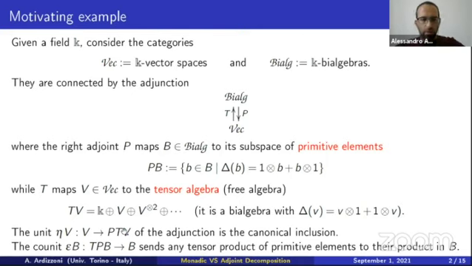The point is that the primitive elements in T come out to be homogeneous, and the degree 1 part is exactly concentrated in V. I mean, it is equal to V, and it is a direct sum of pieces, so V embeds in it. On the other hand, the co-unit takes a homogeneous element here, so a tensor product of primitive elements, and maps it to the product of these elements with the product in B. So this gives an element in B, and we have the co-unit.